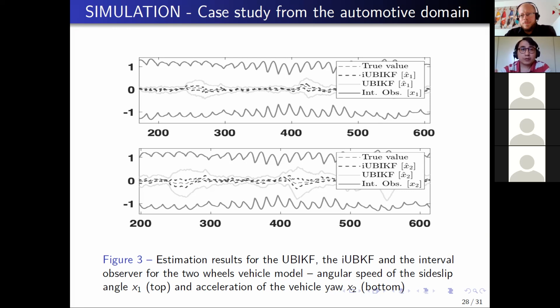The linearization gives the matrices A, B, C, D, and in this example we have also used the input u_k.